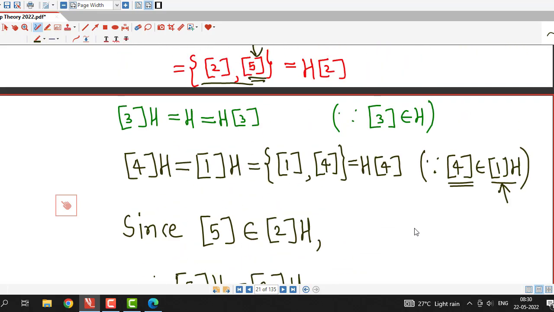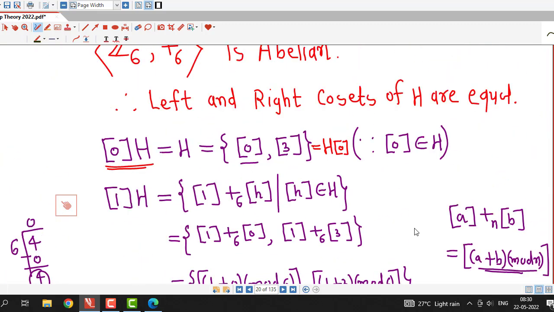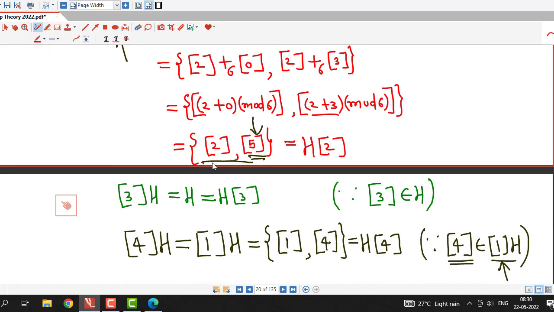So in this way we can decide the left and right cosets, and if we observe the number of distinct left cosets, one is the class containing 0, 3, then 1, 4, and 2, 5.